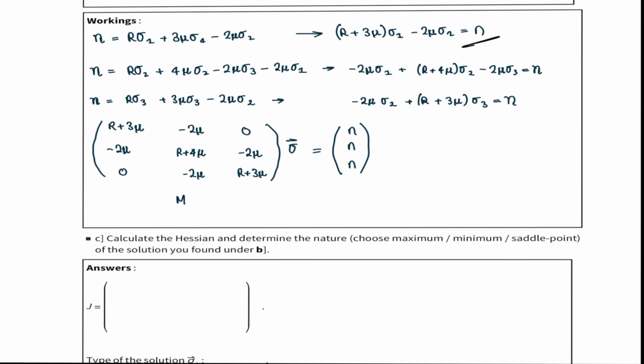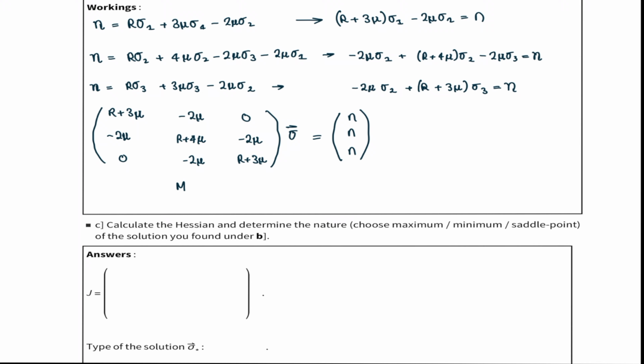If we look over here, if we differentiate this with respect to sigma 1, we just get r plus 3 mu. Differentiating this with respect to sigma 2 gives us minus 2 mu. And differentiating this with respect to sigma 3 is just 0.